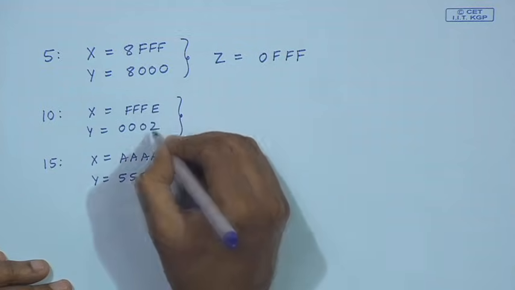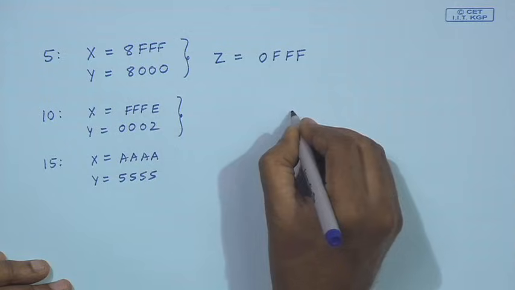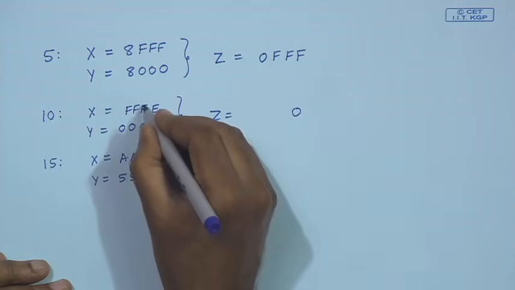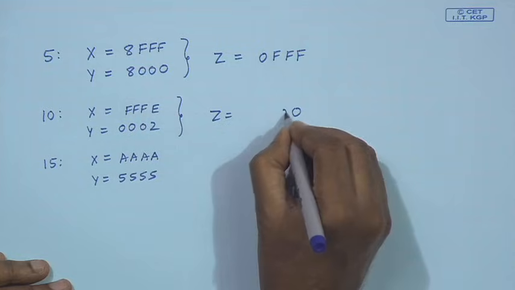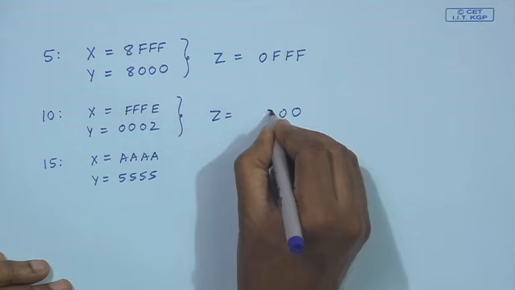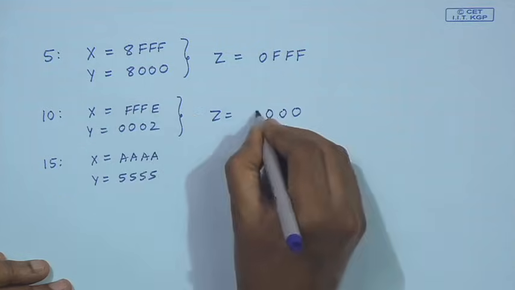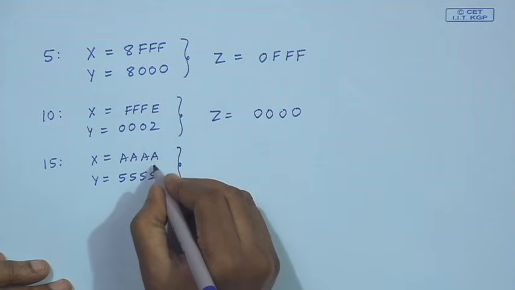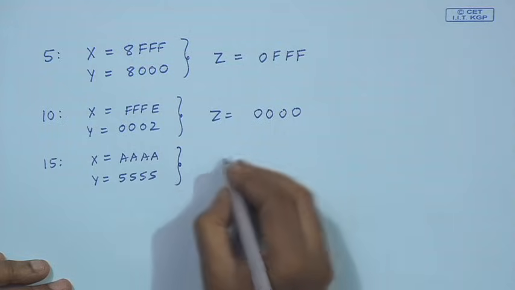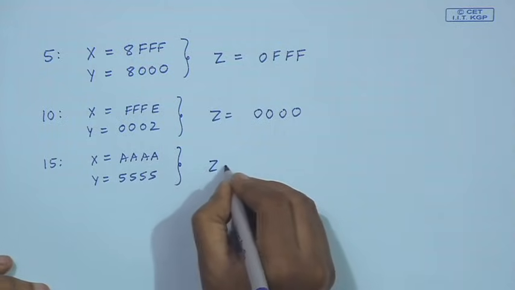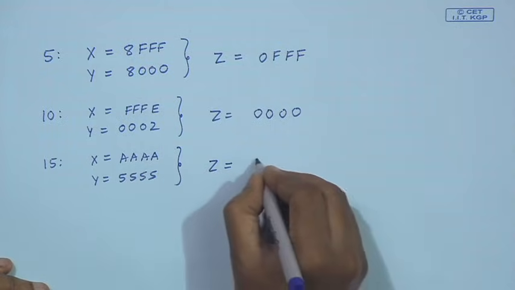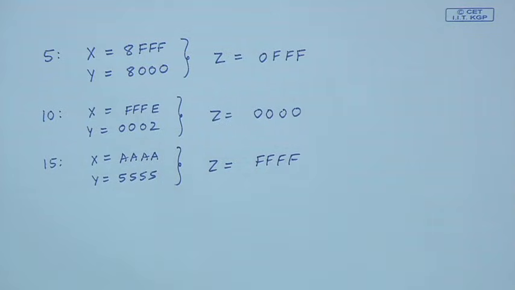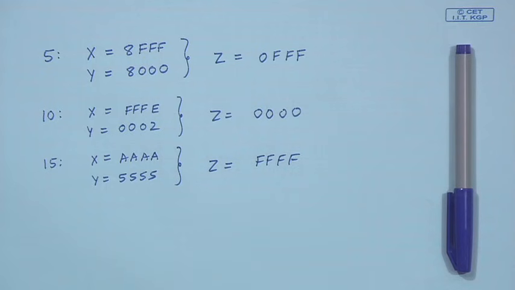And here E and 2 if you add, it will be 0, there will be a carry. So, 1 and F will be 0, carry, 1 and F will be 0, carry, 1 and F will be 0, it will be all 0 and there will be a carry out again. And here A and 5 is F, so F, F, F, F, right. So, this should be the sum and of course, the flags will be set.